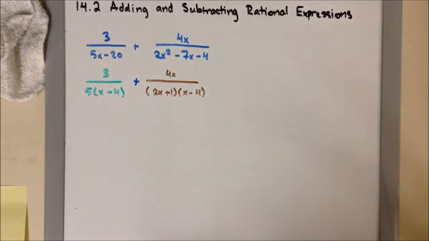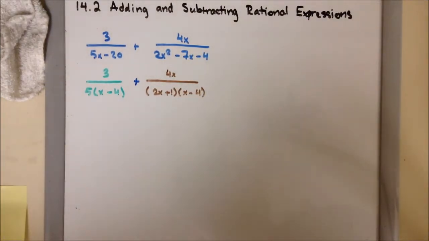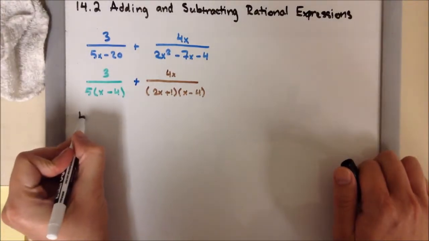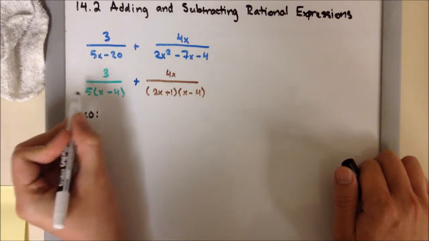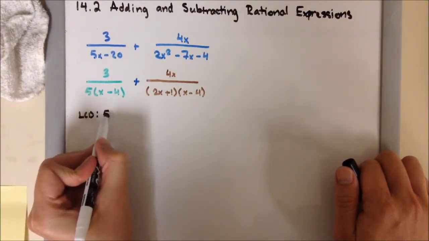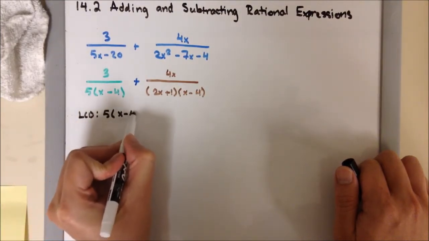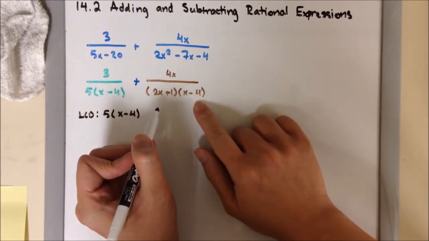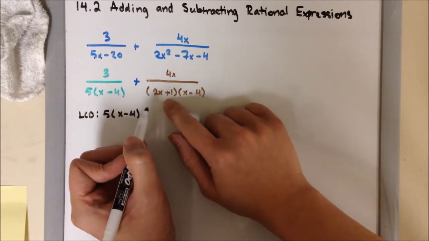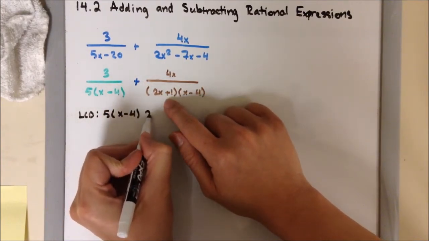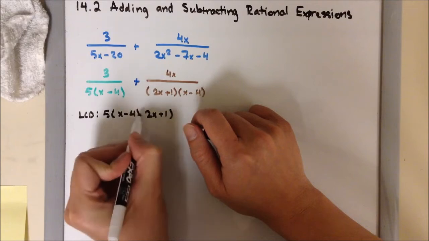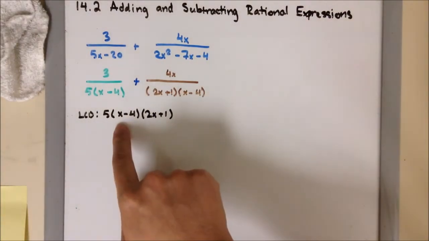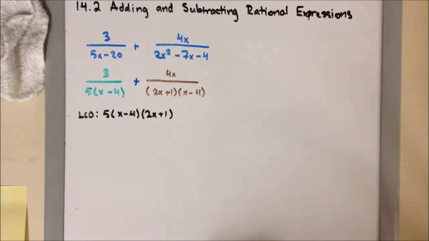Alright, now before we can combine these two fractions, let's look for our LCD. In the first fraction we have a 5 with an x minus 4. Now comparing to the second fraction, it has an x minus 4, but we don't have the 2x plus 1, so I'm going to include it in our LCD. So there's our LCD, 5 times x minus 4 times 2x plus 1.